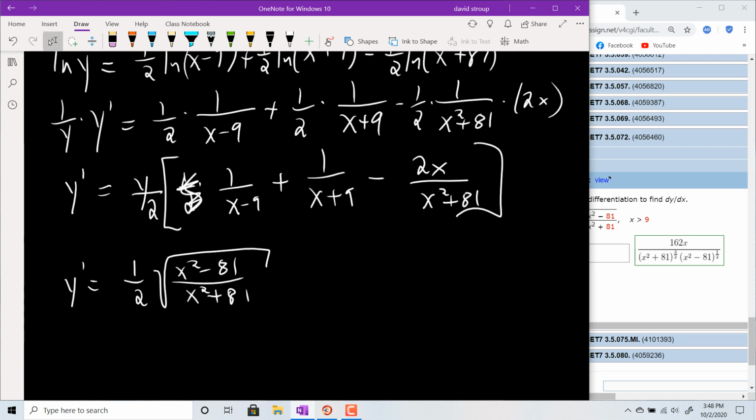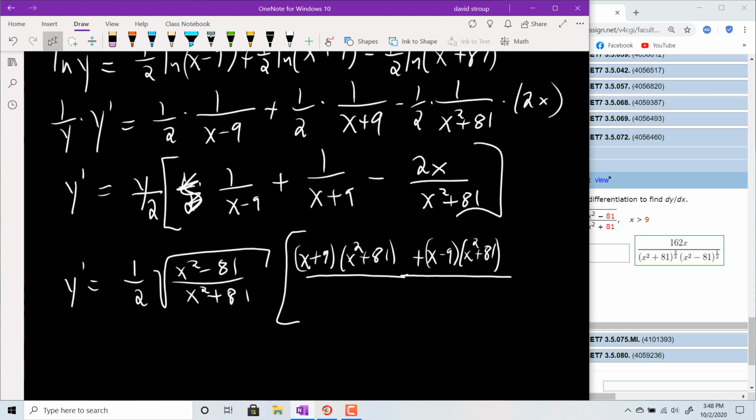That's what y was. And then inside here, if you combine the expressions over a common denominator, what do you need? Well, you need an x plus 9 times x squared plus 81 here. So that would be, plus, for the second guy, you would need x minus 9 times x squared plus 81.